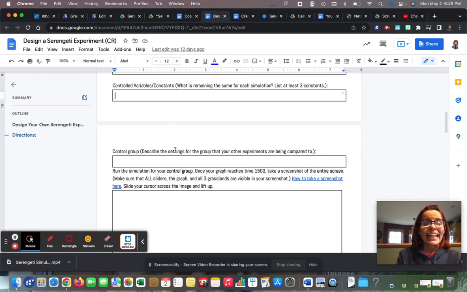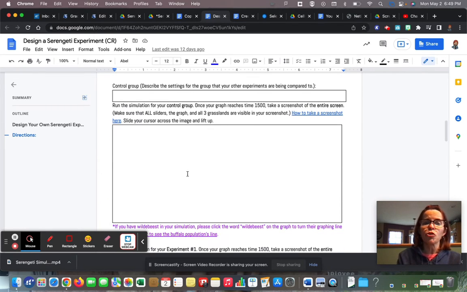All right, next we have to decide what the control group is. So a control group is usually the normal, or it's what the other groups are being compared to. So for example, for percent grassland, the normal would be 100%. If all of them were 100%, now we get to look at, okay, how did the buffalo do with everybody at 100%? And then if we changed it to 80 and to 60 and to 40, we compare how the buffalo did to how they did at 100%.